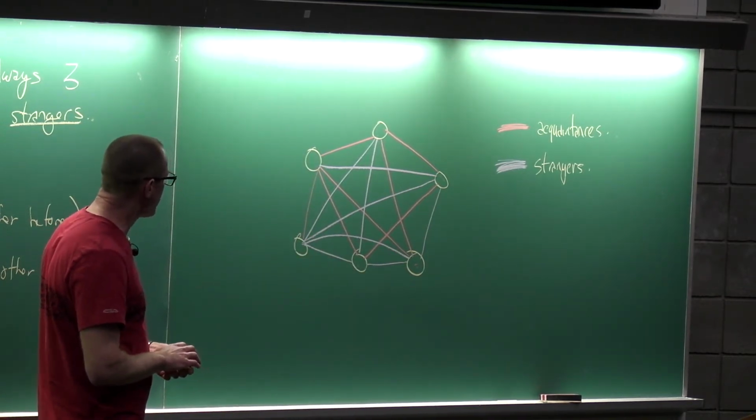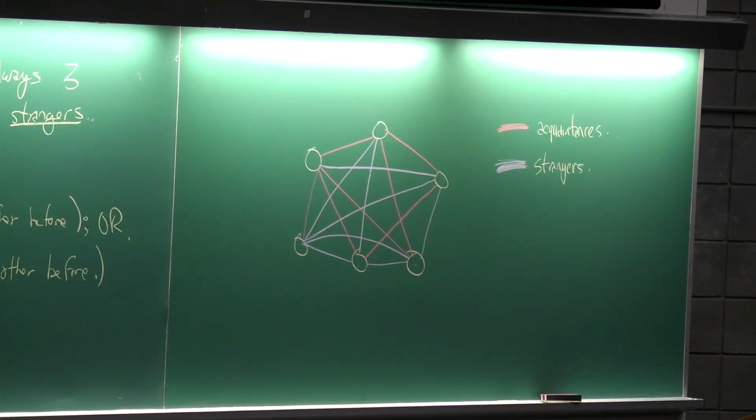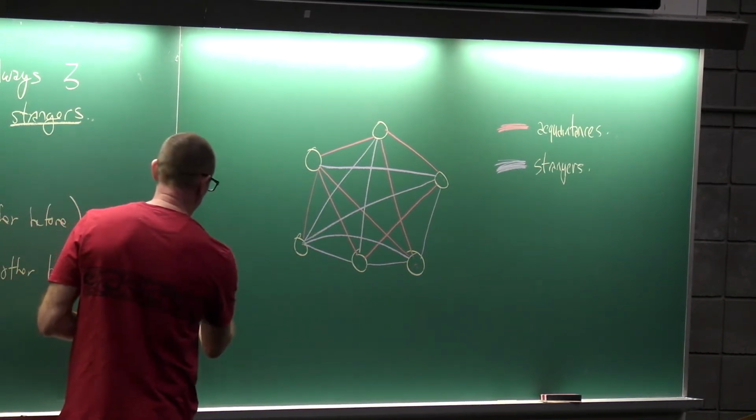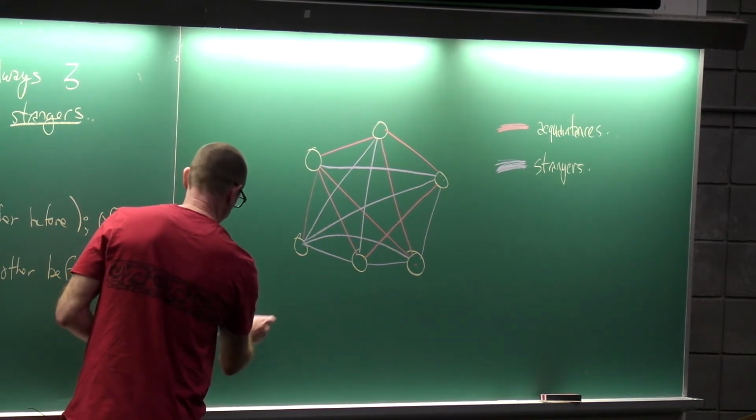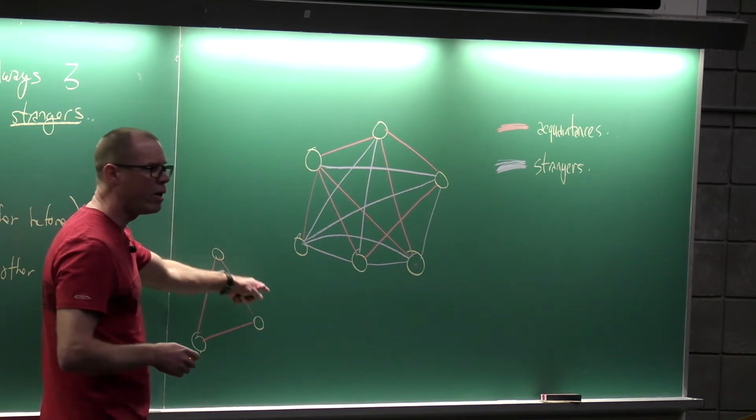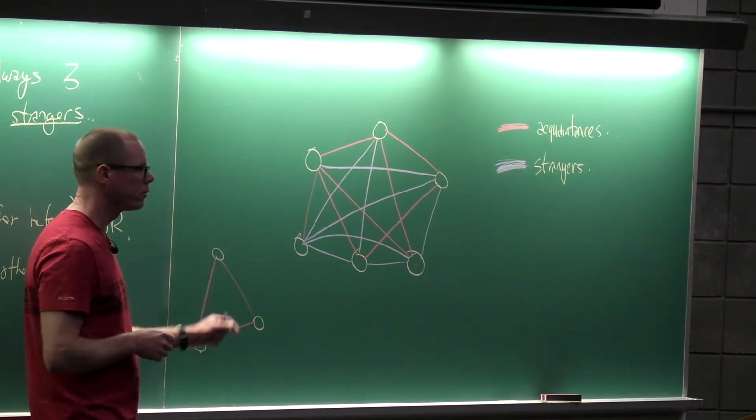So the theorem says I should be able to find in this group, because it's supposed to be true for every group of 6 people, 3 who are acquaintances or 3 who are strangers. So what do 3 acquaintances look like? Well, 3 acquaintances would be 3 people who look like this, a red triangle in this picture.